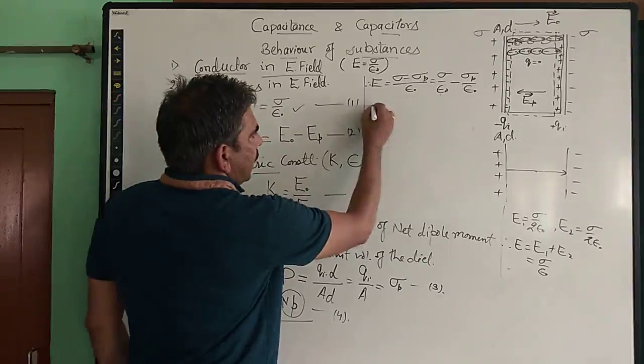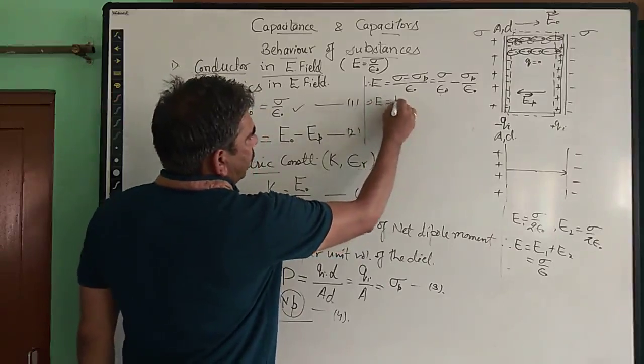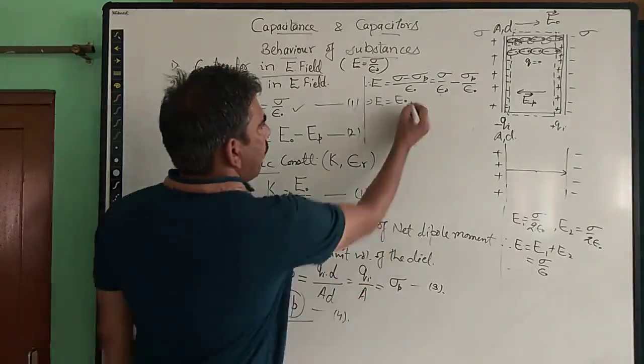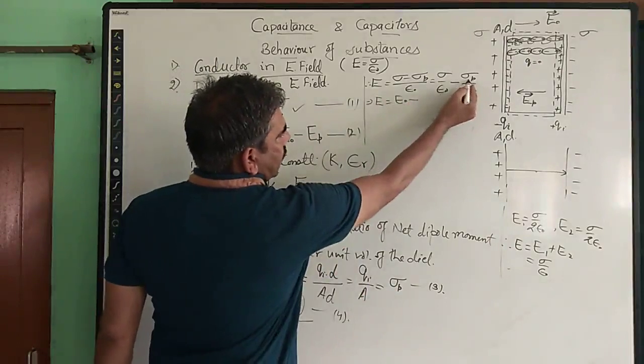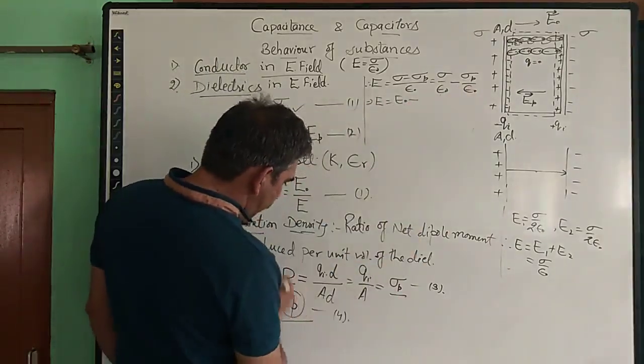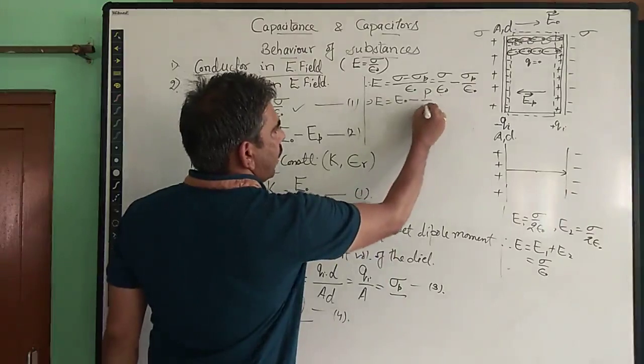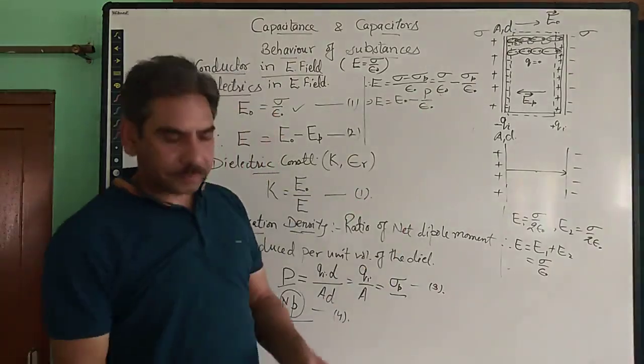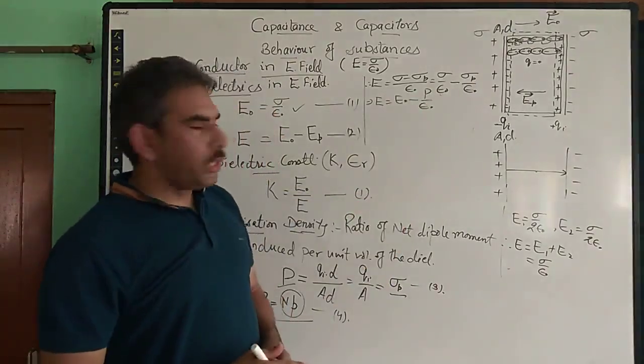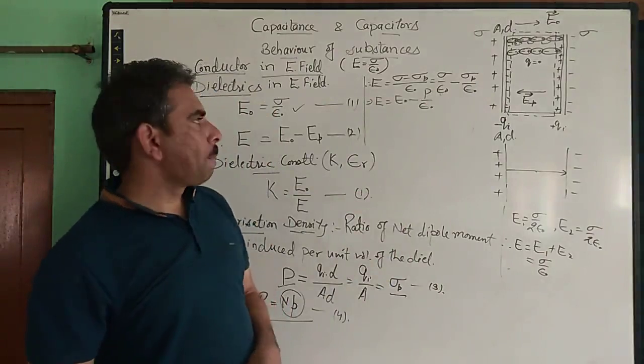So, we can write it as E naught minus sigma P, which is nothing but the polarization density, upon epsilon naught, that is P upon epsilon naught. So, these are the few things we can understand from here.